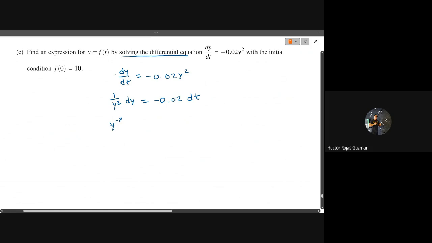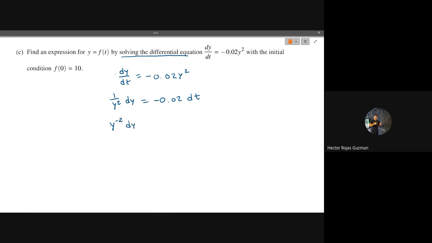Before I find my antiderivative, I'm going to change that up. Then we add 1 to the exponent and divide by the new exponent. The antiderivative of negative 0.02 dt is negative 0.02 t plus c.